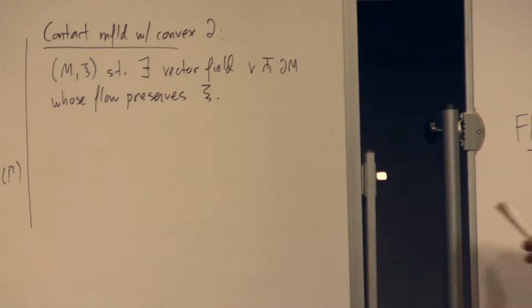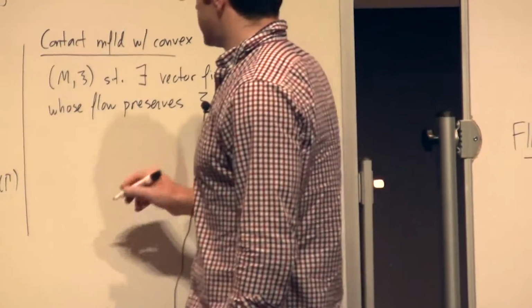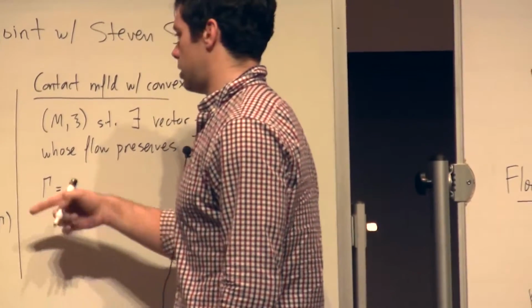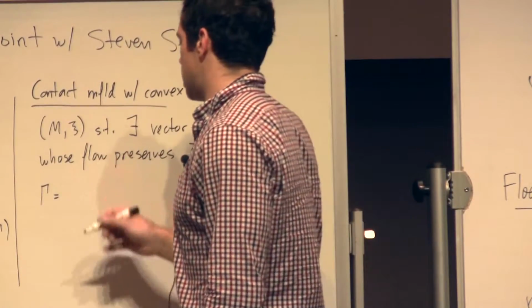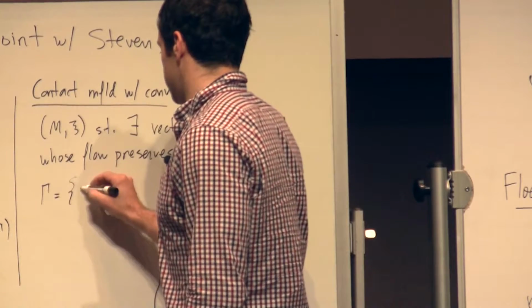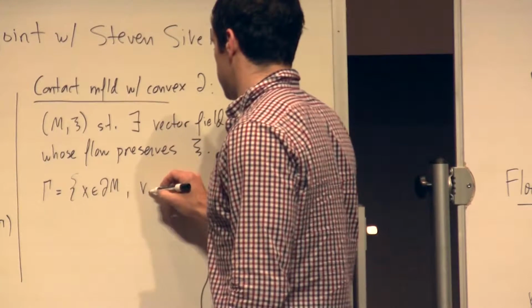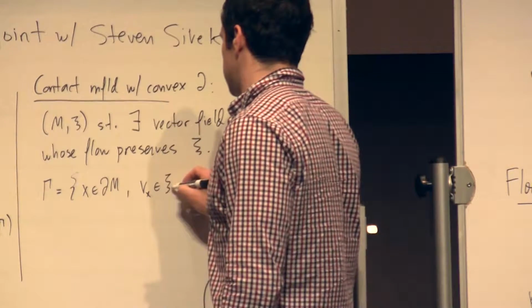And given such a manifold with convex boundary, you can define a multicurve on the boundary of M by looking at the points on the boundary where this vector field V actually lies in the contact planes.